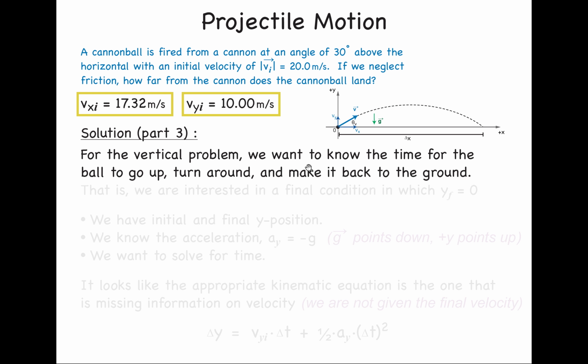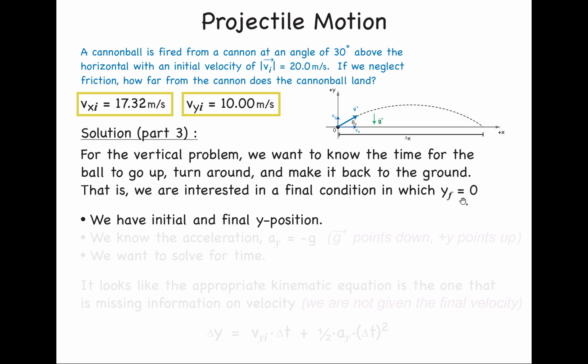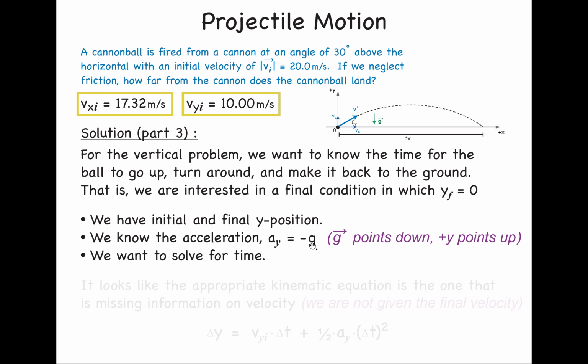So for the vertical problem, we want to know the time that the ball goes up, turns around, and makes it back down to the ground. So that is to say we're interested in a final condition where final position for y is 0. That means we now know the initial and final positions of y. We know the acceleration, that's just the Earth's gravity, and we want to solve for time.